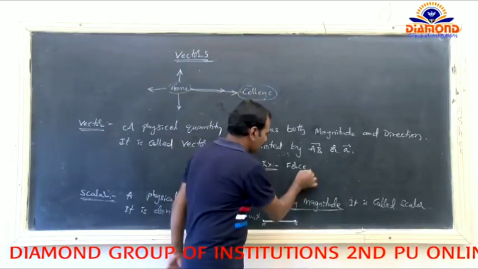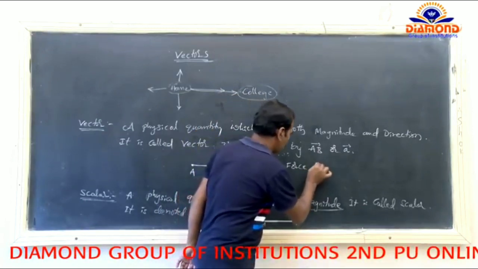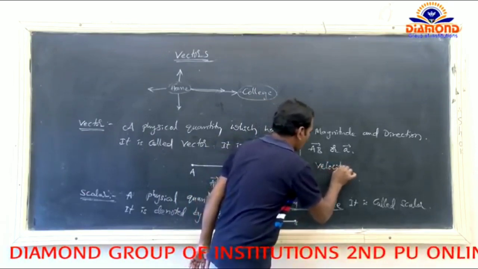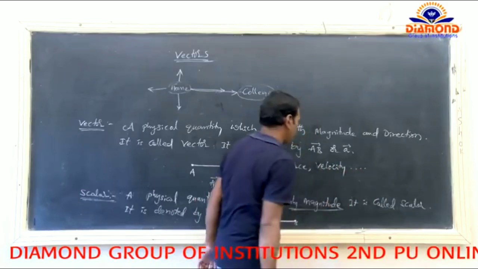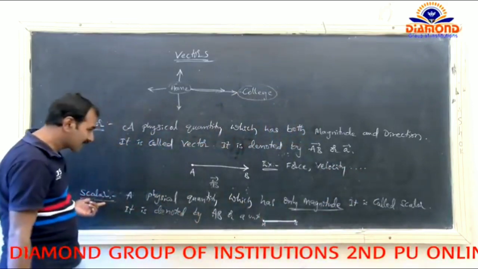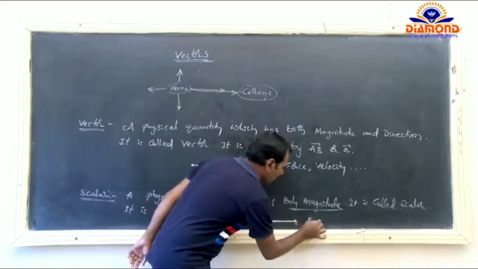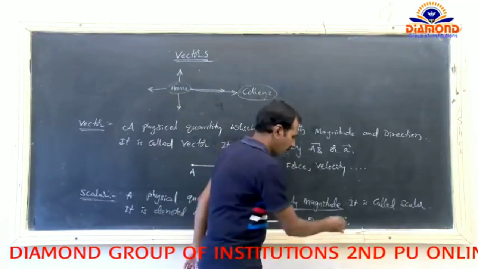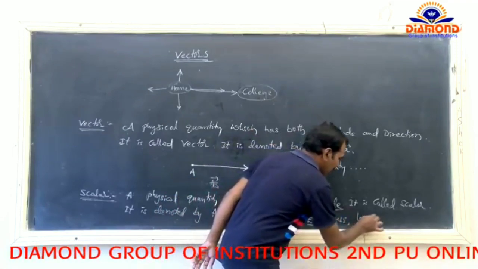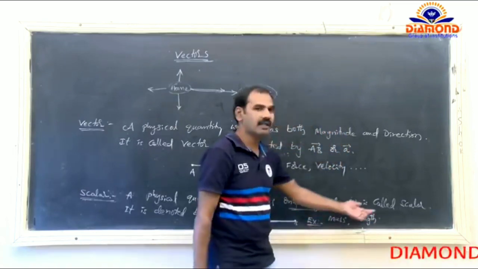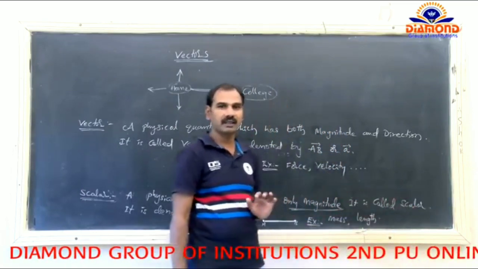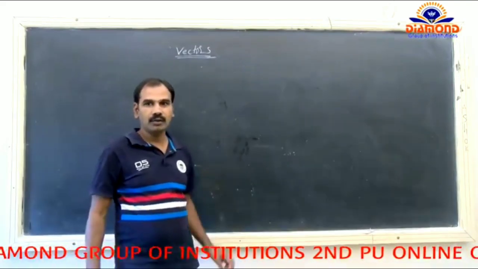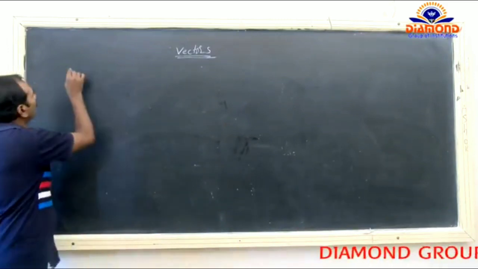Next, velocity, acceleration, etc. Next, scalar examples, simple: mass, length, time, temperature, like that. No direction, mass, length, like that. Scalar, you know. Next of all, types of vectors.